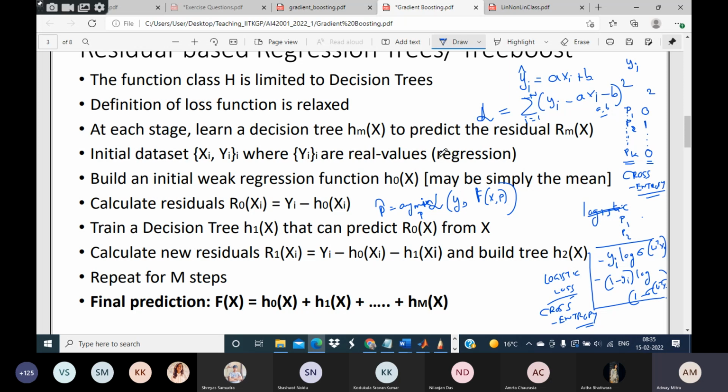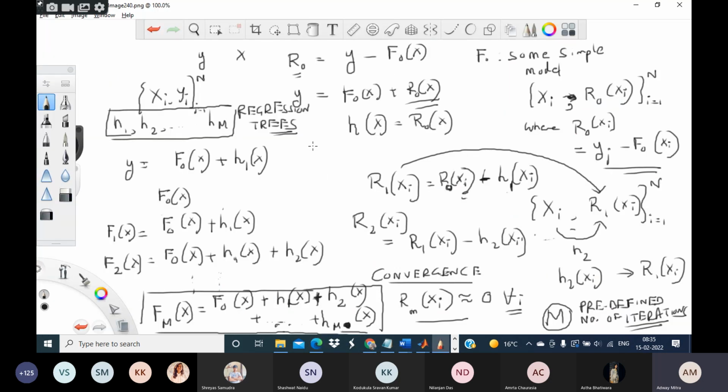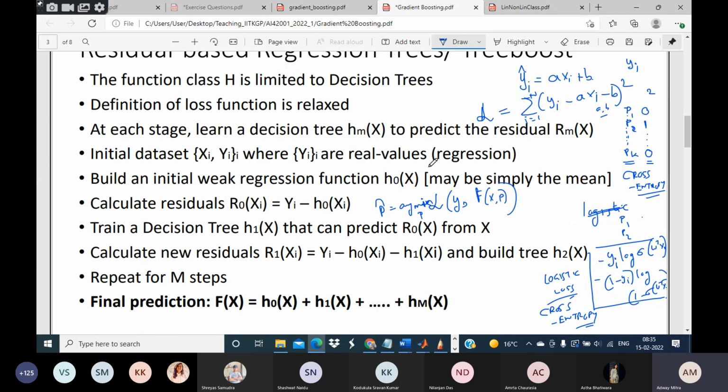So what it does is, at every stage, as I was showing here, I construct a new kind of data set like this, and I build a mapping from the feature vector to the current estimate of the residuals. That is done in this case by regression trees.